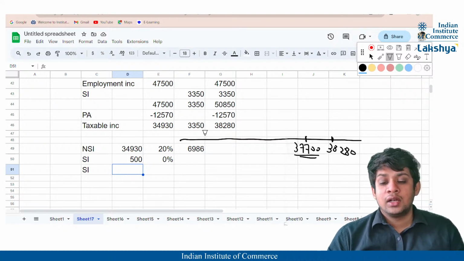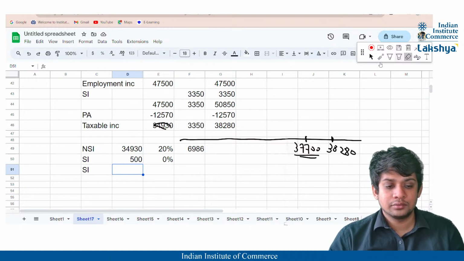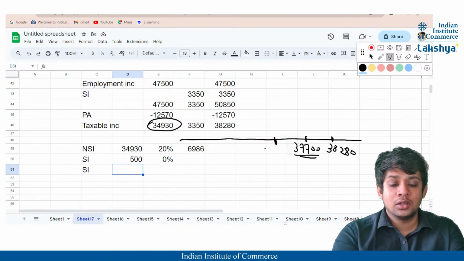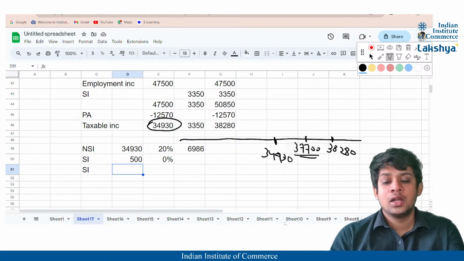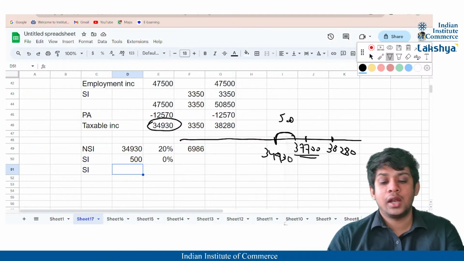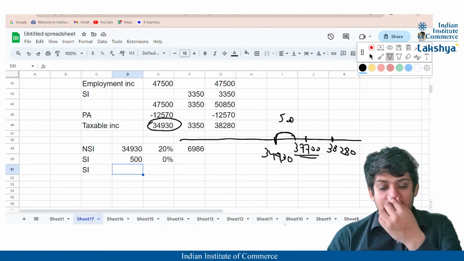That means till 34,930, guys, till 34,930 is my non-savings income. That means somewhere around here, 34,930, till here my non-savings income is concluded. Then from here my savings income will start. 500 of the savings income is taken.